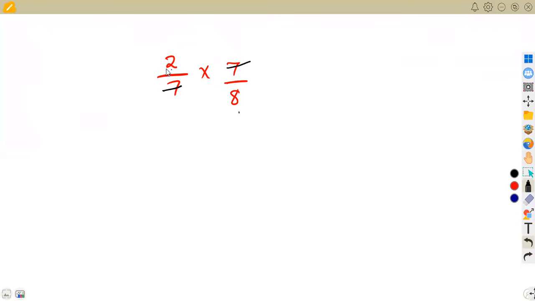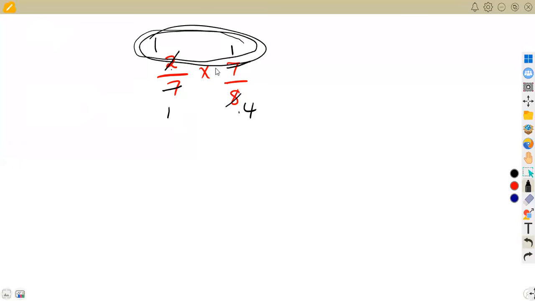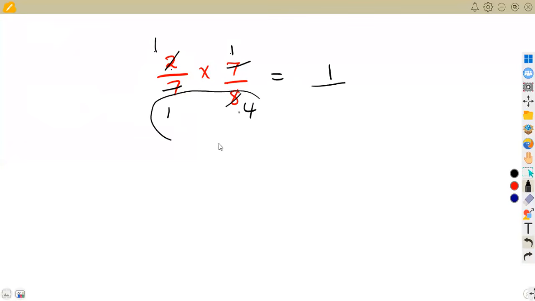Is there anything common? 2 into 2 gives 1, 2 into 8 gives 4. This is the actual way we are supposed to do it. Then you multiply: the numerators can only be multiplied together, so 1 times 1 is 1. The same with the denominators, they can only be multiplied, so 1 times 4 is 4.